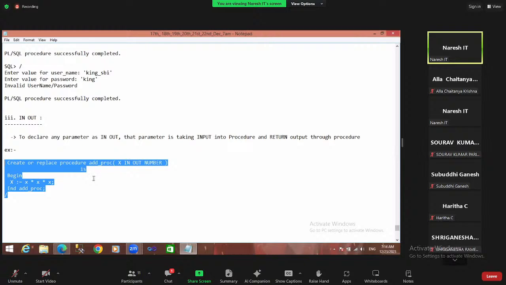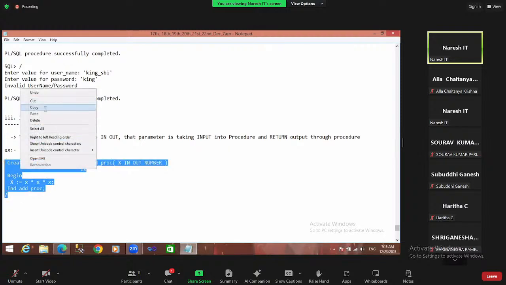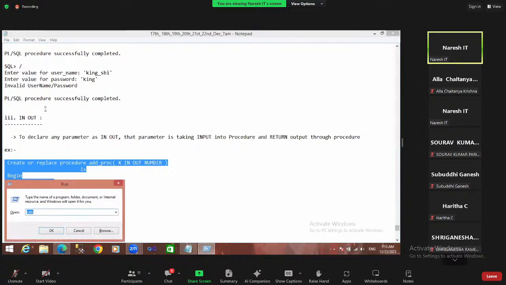Generally on in parameters, assignment is not supported because x is in, but now it is supported because x is also out. That's why I can change my x value.